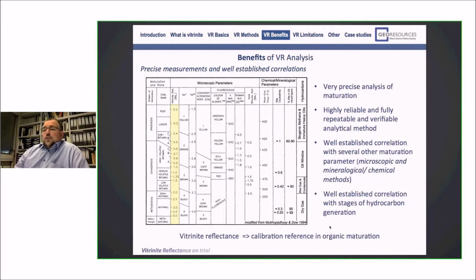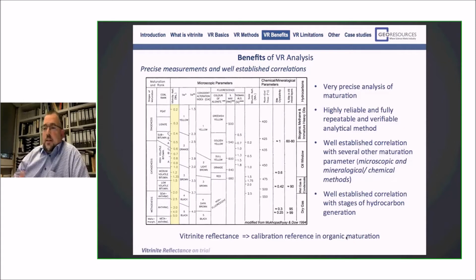So vitrinite reflectance is in a way a sort of calibration reference in organic maturation studies. And very often it is used as a sort of reference correlating one maturation parameter with others. So one standard always gets correlated to vitrinite reflectance, and then the other standard gets correlated to vitrinite reflectance, and so we get a correlation between different organic maturation parameters.